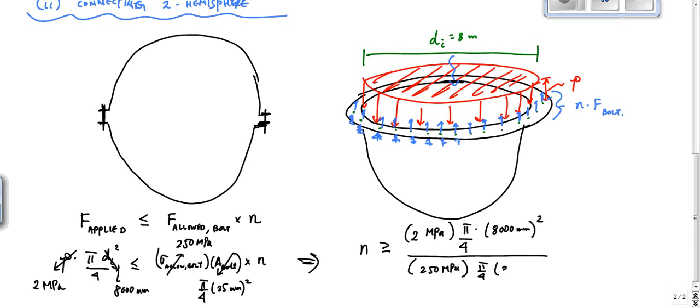Look at how that worked out, the units cancel.